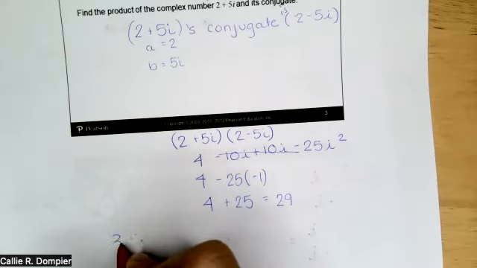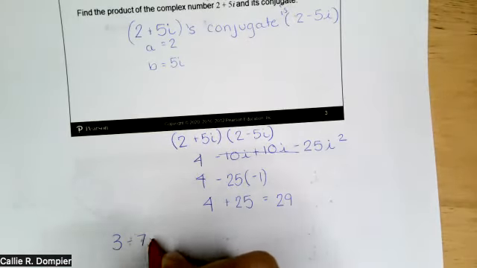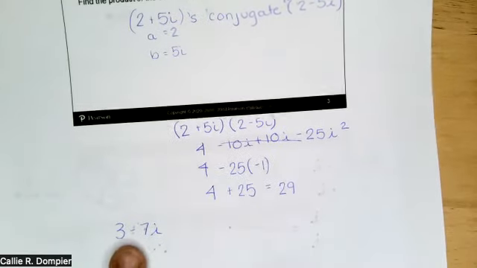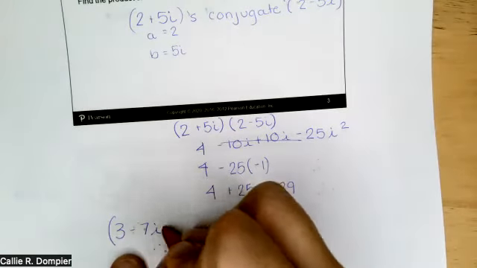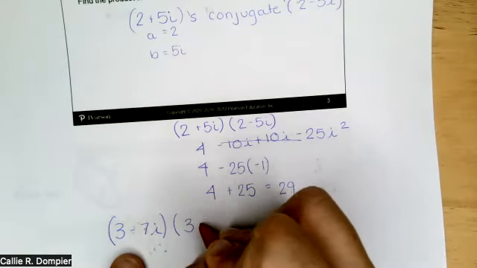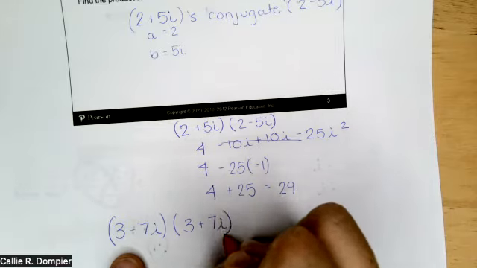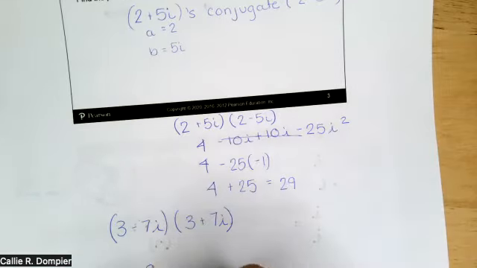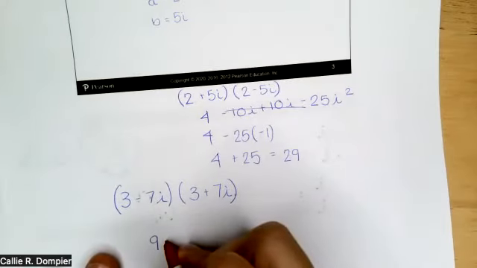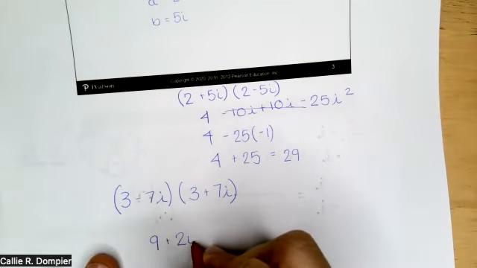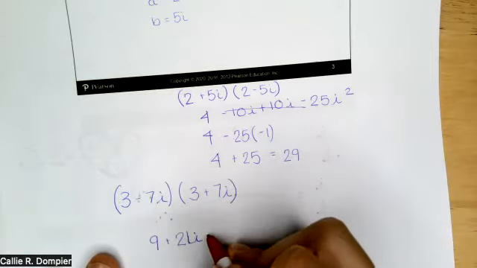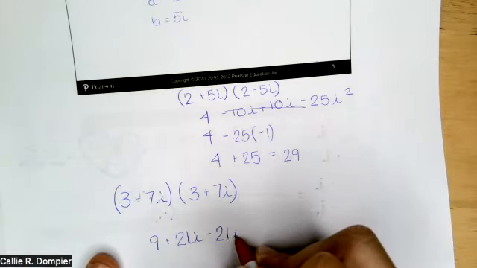Again, we'll do 3 minus 7i. So here, the middle term is already negative, so its complex conjugate is going to be a positive 7i. 3 times 3 becomes 9. 3 times 7i becomes 21i. Negative 7 times 3 is minus 21i.